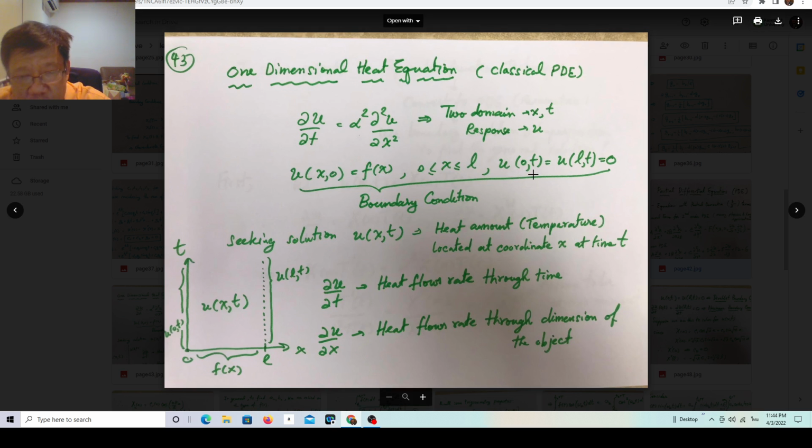And u at x equal to 0 for any time t is equal to u at the upper boundary of x for any time t, which is equal to 0, or maybe some constant or even some function of t.